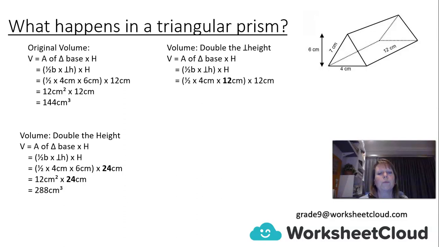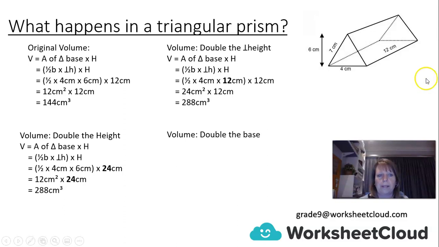We've got half times 4 times 12, because that is what we are doubling, and then times 12. So half of 4 gives me 2, times 12 is 24, times 12. We end up with 288 centimeters cubed, same as that. This is quite similar to our rectangular prism.